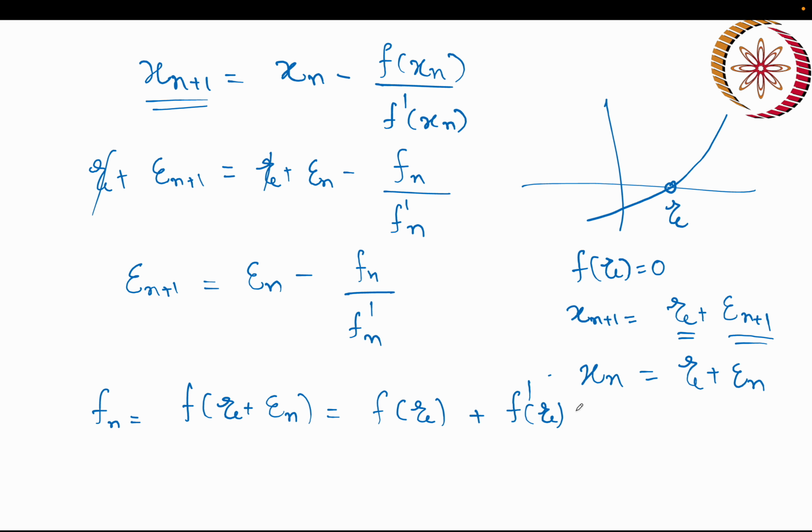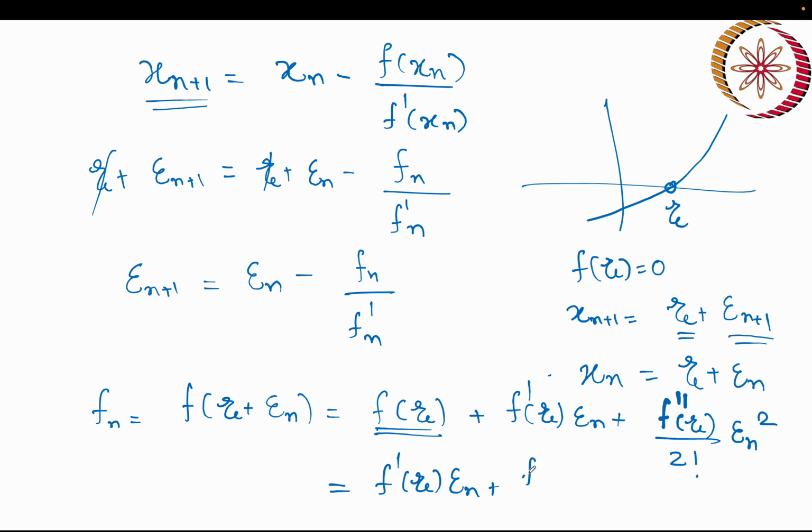We know that xi is the root, so f of xi is 0, and it will be f dash xi epsilon n plus f double dash xi by 2 epsilon n square.